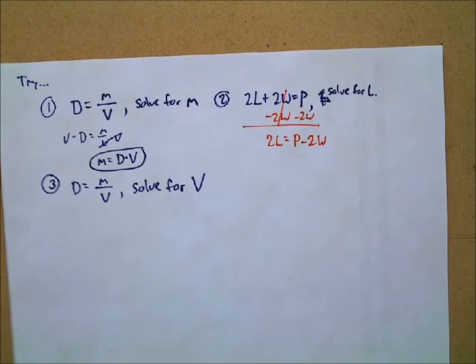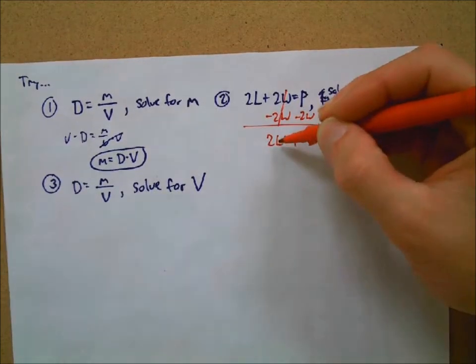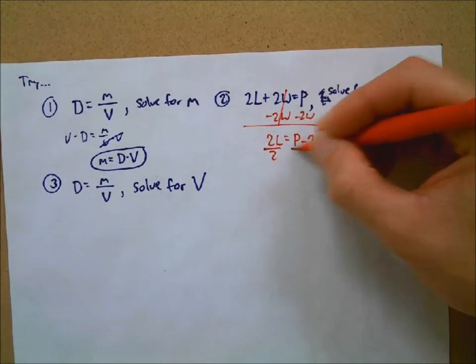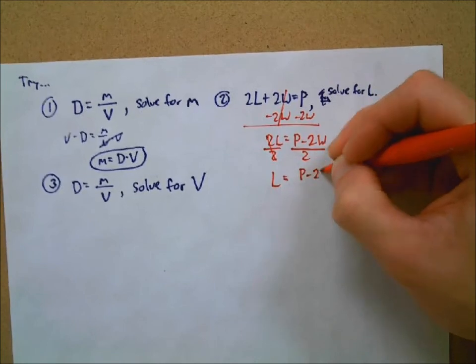Sky, were you done, or do you still have something else to do here? I see what you're doing, but then you're going to have an L over here, too. Divide both sides by what? 2. We want to get the L by itself. We want to get rid of that 2. So divide both sides by 2. So we get P minus 2W all over 2.